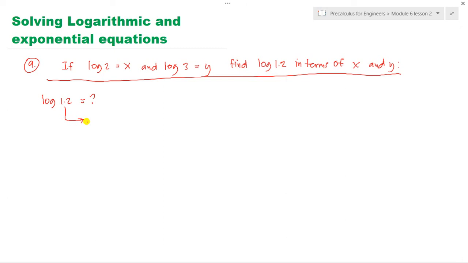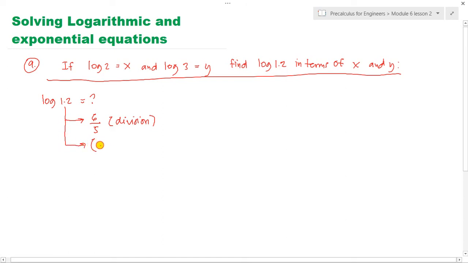So, diba? 1.2, ang equivalent sa 1.2 is 6/5. Kung division siya. But ato kung ana ni goal kay si 1.2 ato siya ma-represent as a product or a quotient of the combination of this number 2 and 3 para mas madali siya.